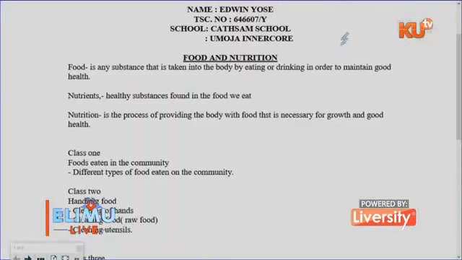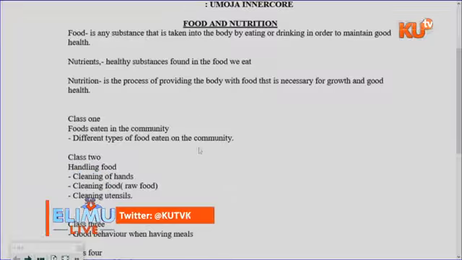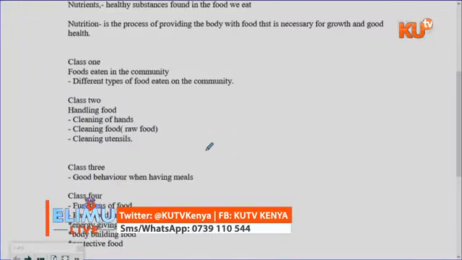In class 2, we learned about handling food, and this one is majorly hygiene. How do you handle food? 1, we should clean our hands before eating. 2, we should clean food. The food that we eat raw, for example a carrot, we are supposed to wash before eating it.